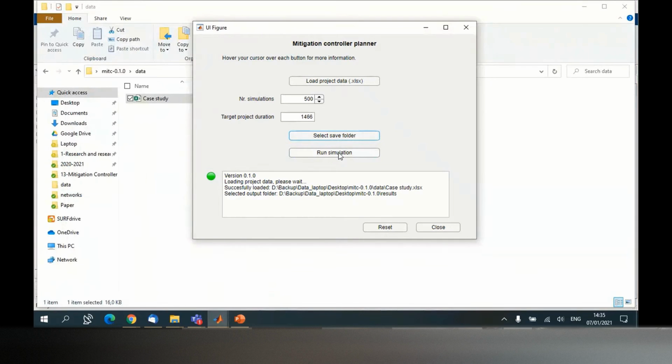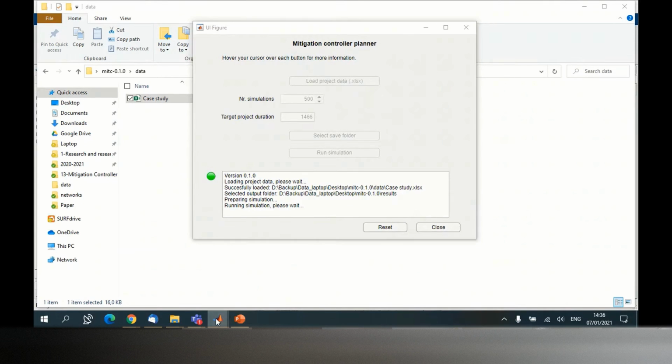And now you run your simulation. If you encounter any problem and you don't want to close your software, you can just reset everything and start from the beginning, or just close from here. Now we run the simulation, so it's going to tell you what's going on here.